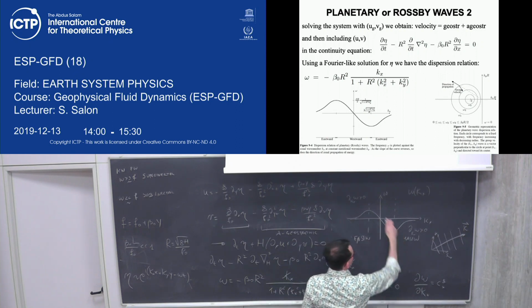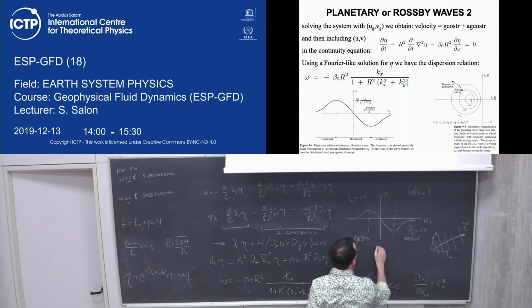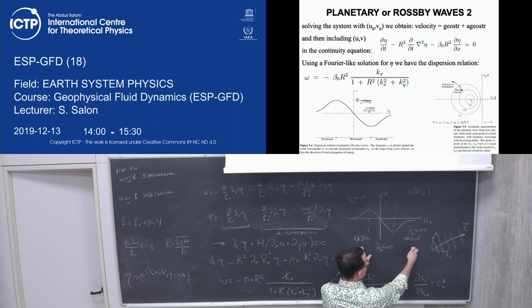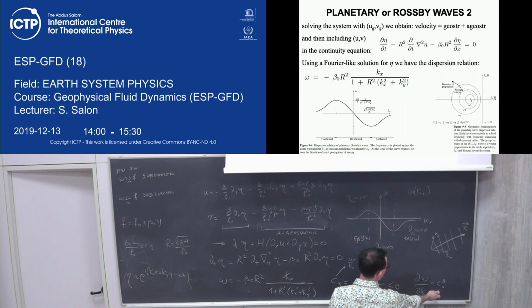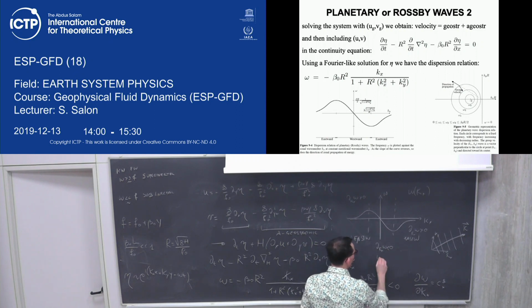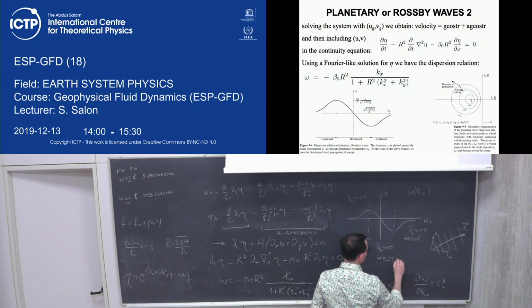In this section here, we have that the derivative is negative, because the function is decreasing, so the group velocity is negative, so it's westward.